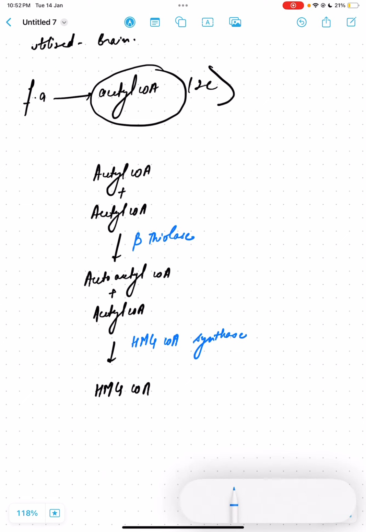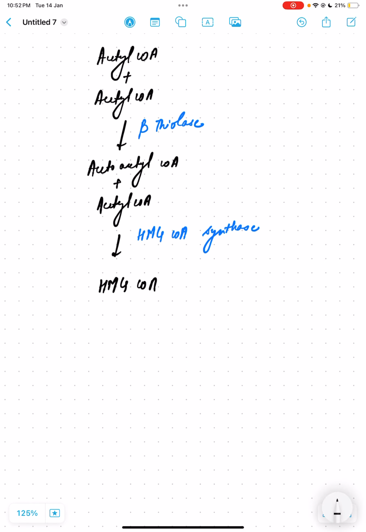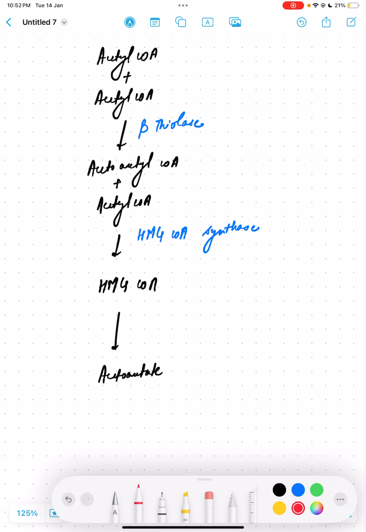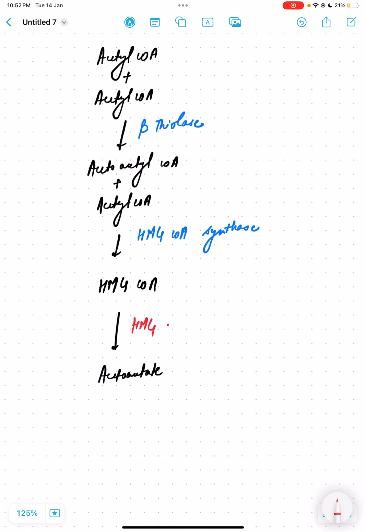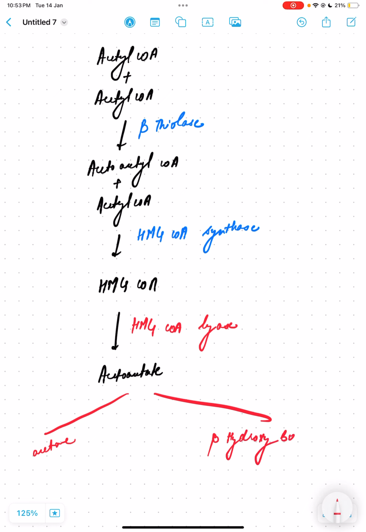Okay, then HMG coenzyme A will form acetoacetate with the help of enzyme HMG coenzyme A lyase, and further acetoacetate will form acetone and beta hydroxybutyrate.